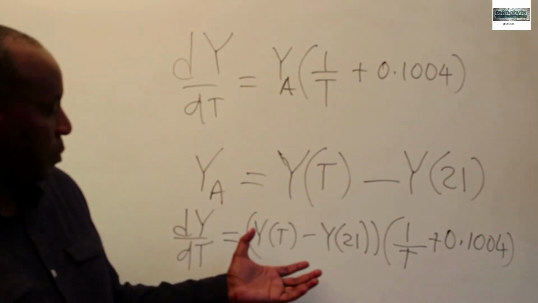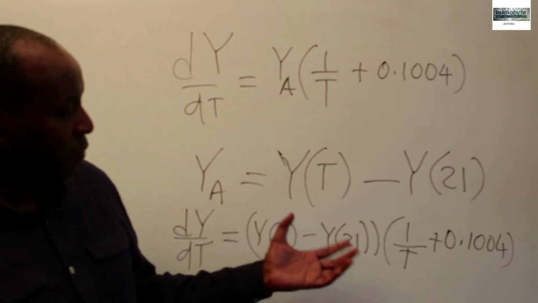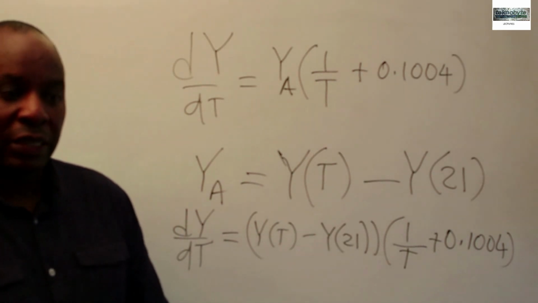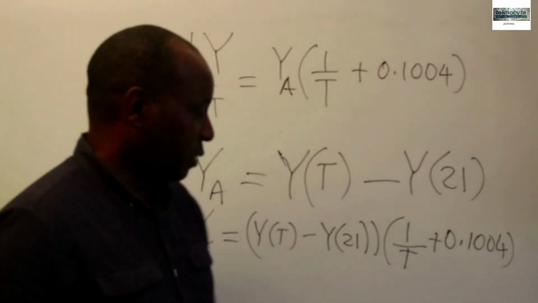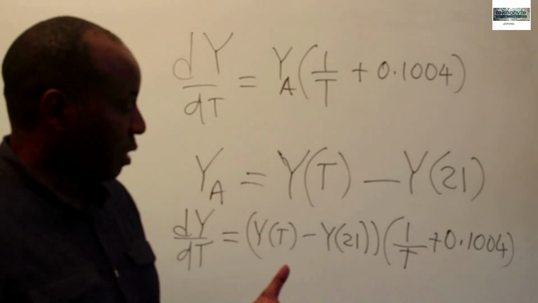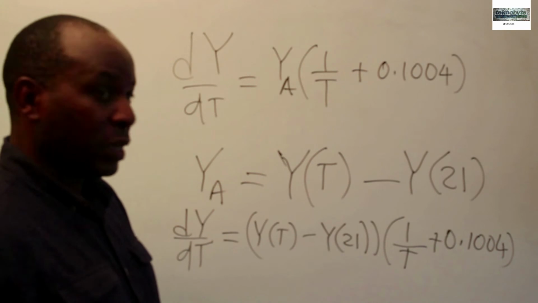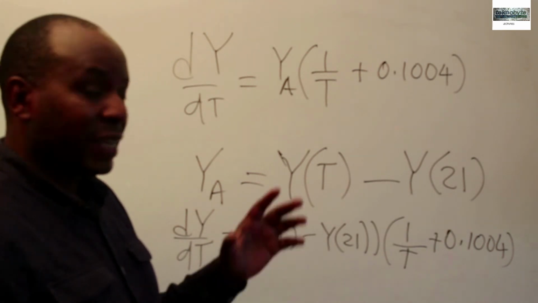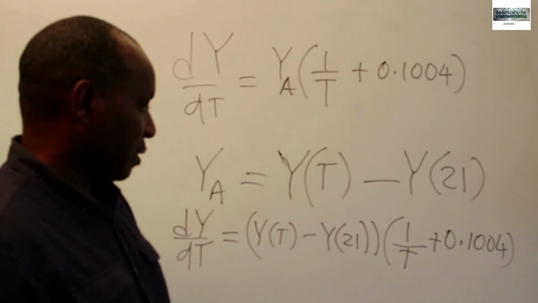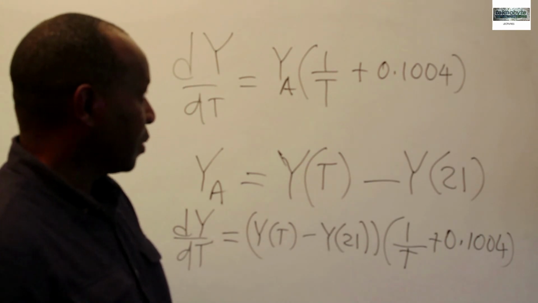So you see, now we have a modified model that is more reflective of what is happening. And in fact, once we plot this curve, it will be very clear to us that this kind of trend is what we are having.